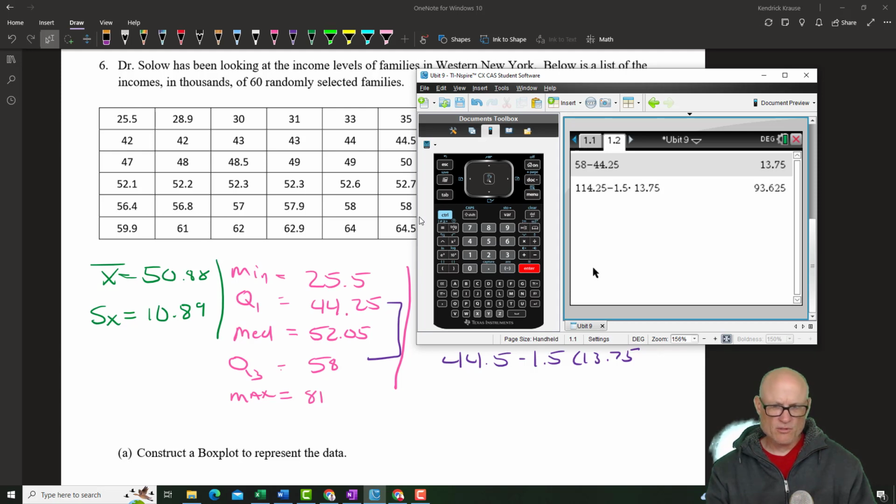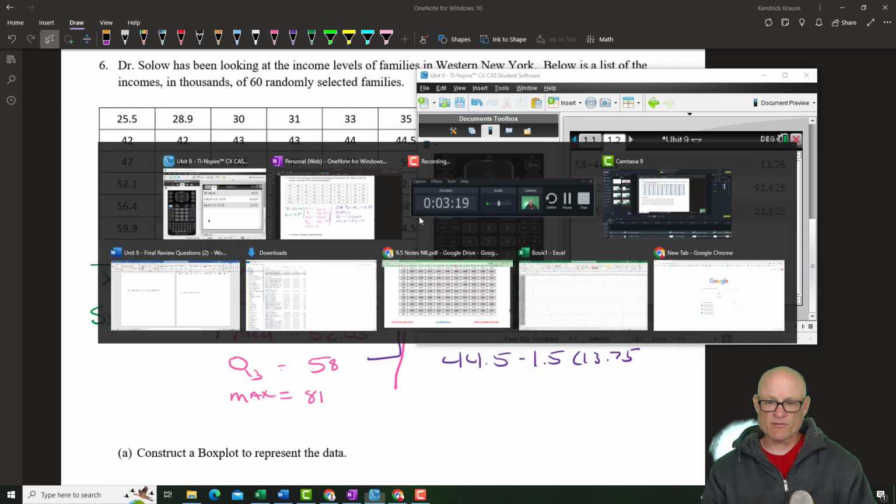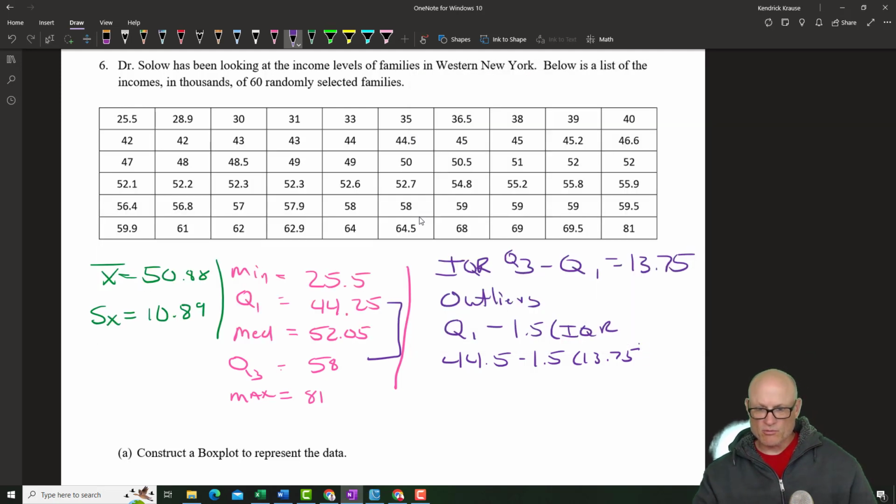Oops. How did I get 114 in there? 23.625. Shoot. So 23.625. I thought I had outliers on this one.